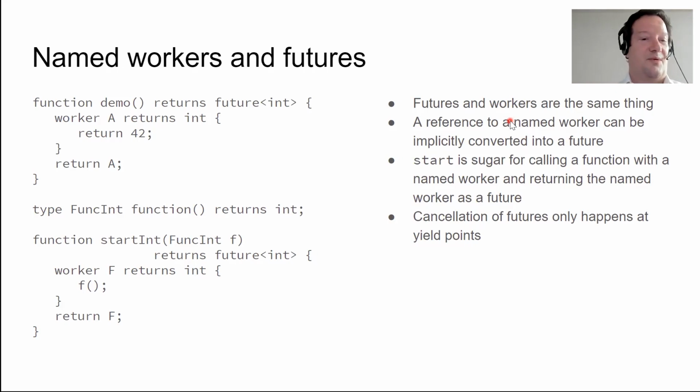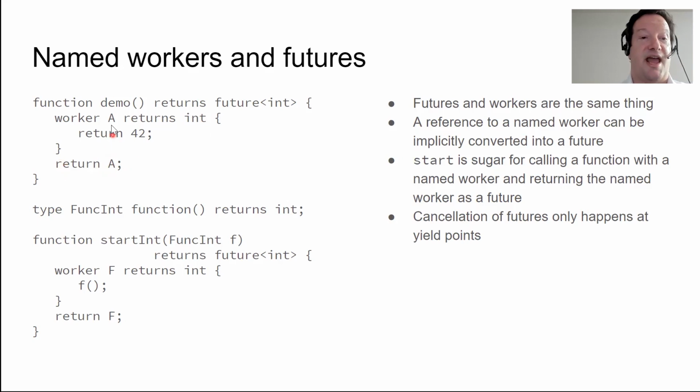So when we say start, what is that really doing? What start is really doing, it's just sugar for calling a function. So let's look at this example here. We've got a worker which has a return value of int. And this is the interesting bit here.